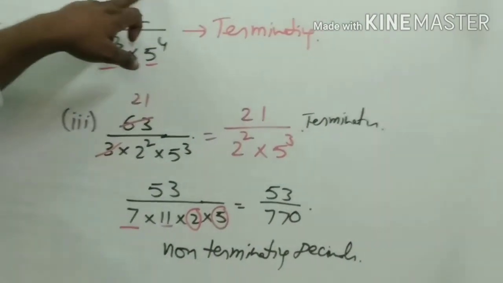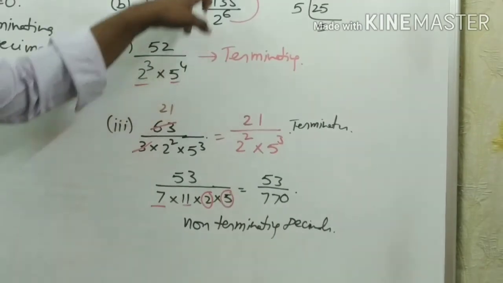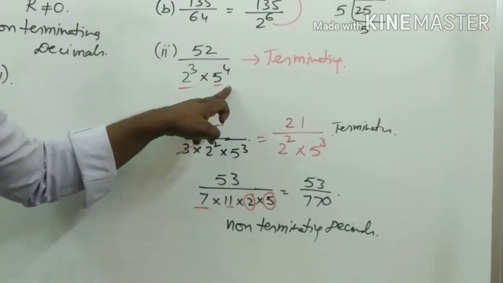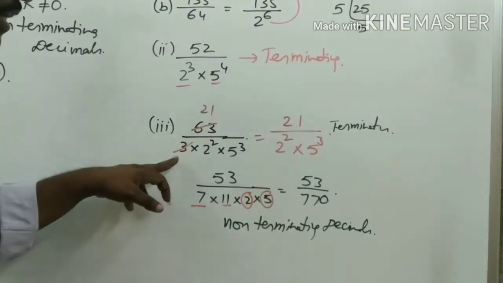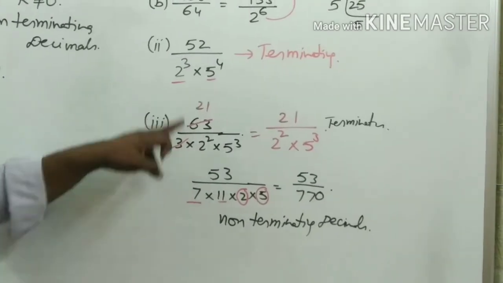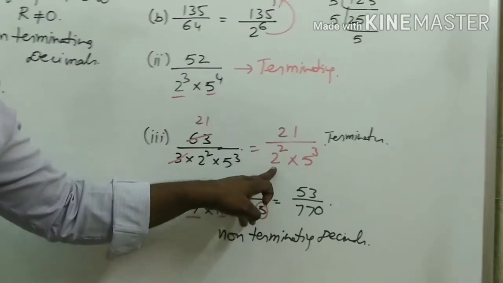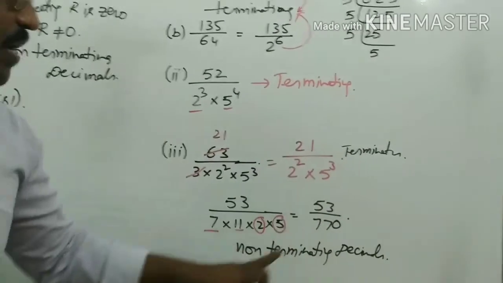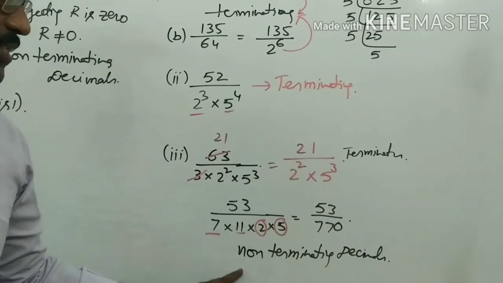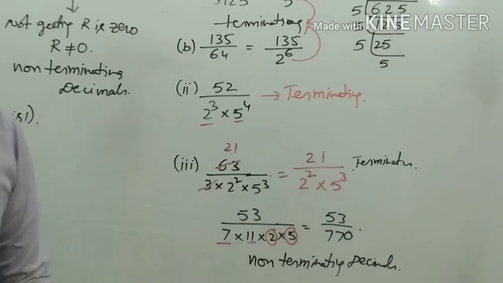Terminating means the denominator consists of powers of 2 or powers of 5 or a combination. If anything is left, you should simplify first, and only then check. If it is not simplified, then we can say it is non-terminating.